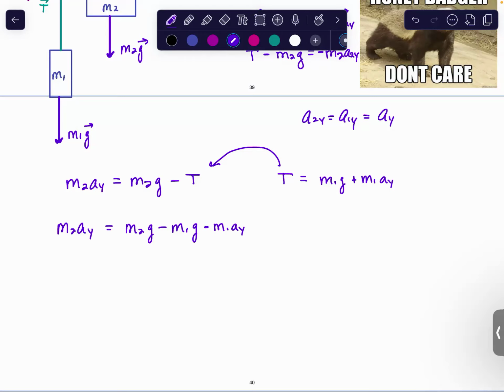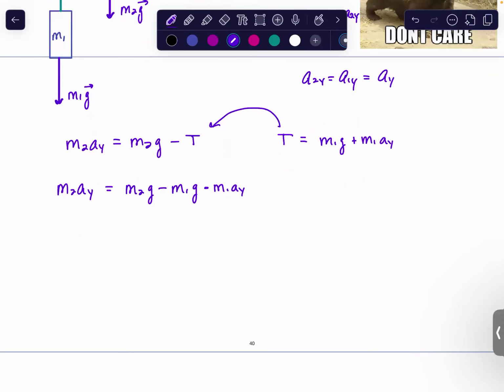I need all my accelerations on the same side of the equation. No, first we're just going to do this, and now we're going to factor out the AY.